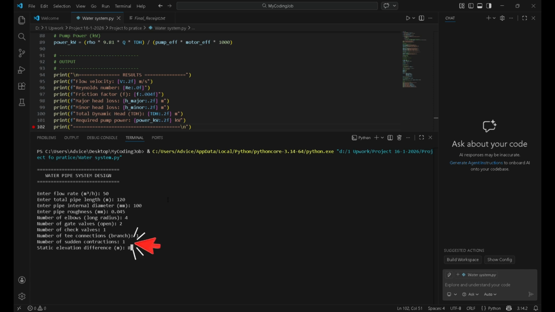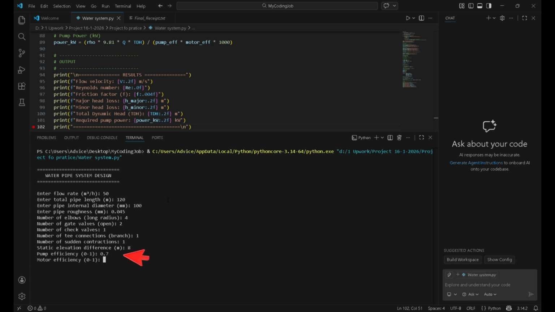10. Static head, 8 meters. The pump must overcome an 8-meter vertical elevation difference between suction and discharge points. Static head is independent of flow and forms the baseline head requirement for pump sizing. 11. Pump efficiency, 70%. A pump efficiency of 0.7 is assumed, typical for centrifugal pumps operating near their best efficiency point.